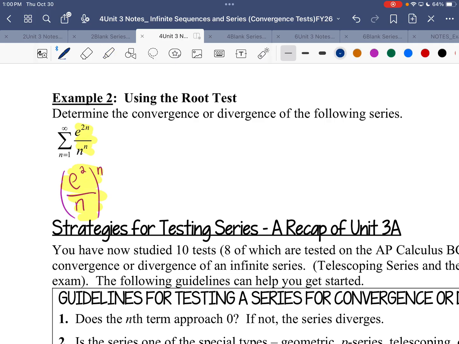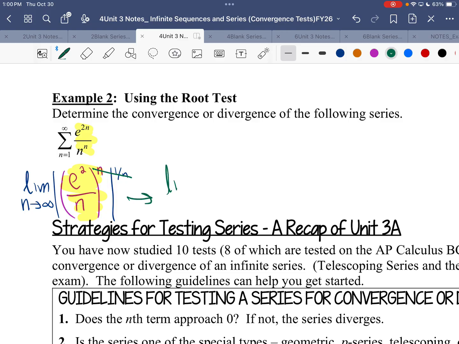And let's take the limit and raise it to the 1 over n. It's technically absolute value just in case it's an alternating series, so you make sure that's positive. Okay, the n's cancel out in the exponent.